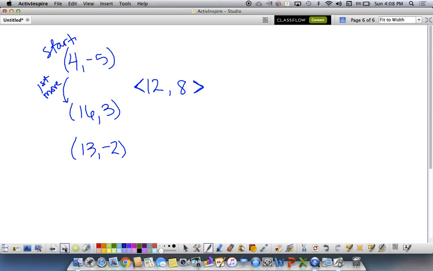Okay? Now the second move, we're going to go from 16, 3 to 13, -2. What vector are we going to use to get from 16 to 13? Yeah, we've gone down 3 units. So that would be a -3. From 3 to -2, we've also gone down. -2 minus 3, we've gone down 5 units.